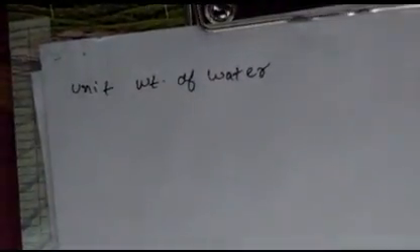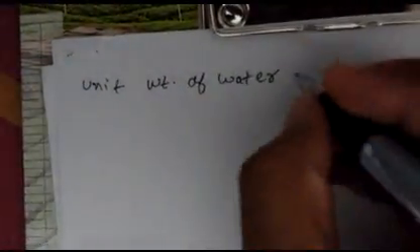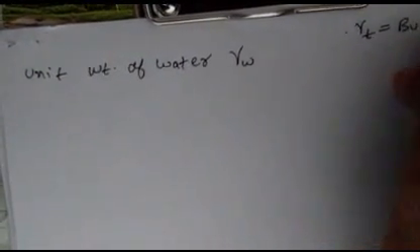Now we're going to start with just the last few term definitions, then we'll begin with the formula part. We have the unit weight of water, again gamma W. Earlier we have already seen gamma T, that is bulk unit weight.